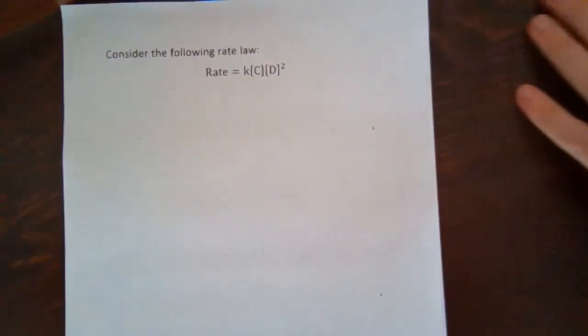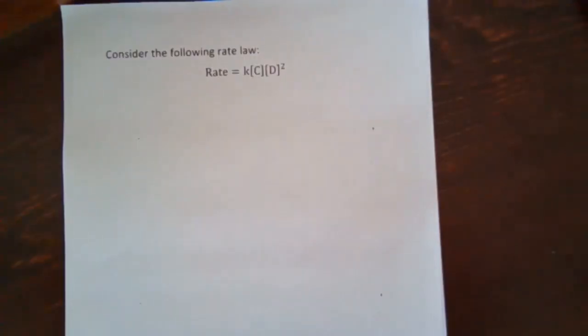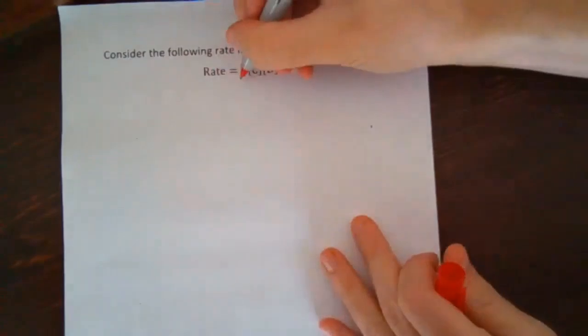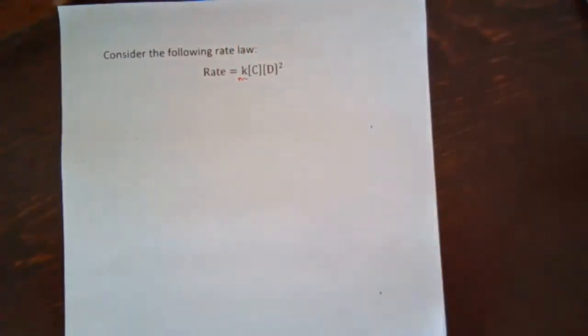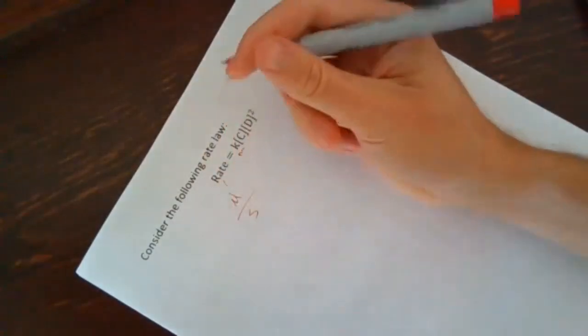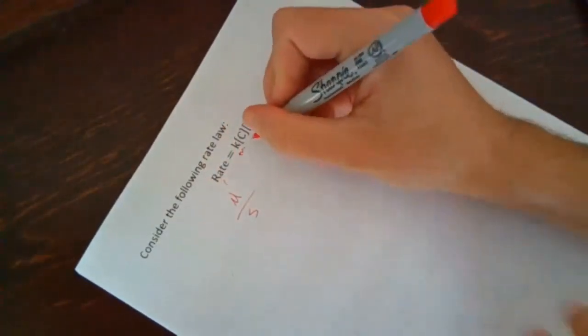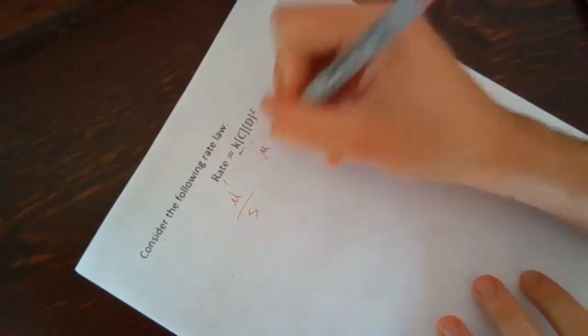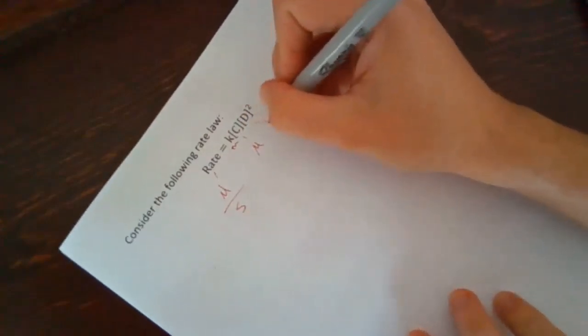One important consideration when we're looking at rate laws is what the units are on K. So we know that rate is going to have units of molar per time. We're going to say seconds, but this would apply to any sort of time. Concentration of C, because there's the brackets, is molar. Concentration of D, because there's brackets, is also going to be molarity.